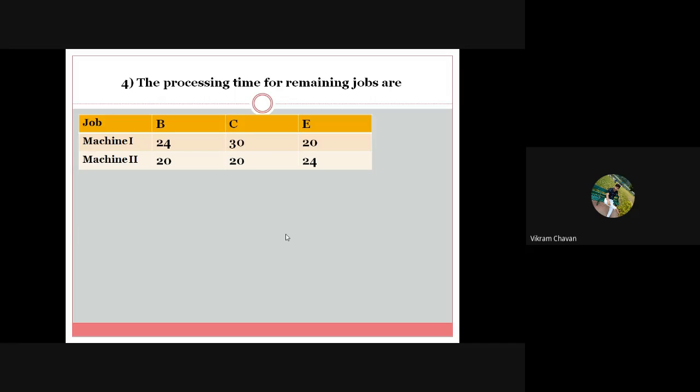So once we decide the E position, then we have to decide the position for B and C.